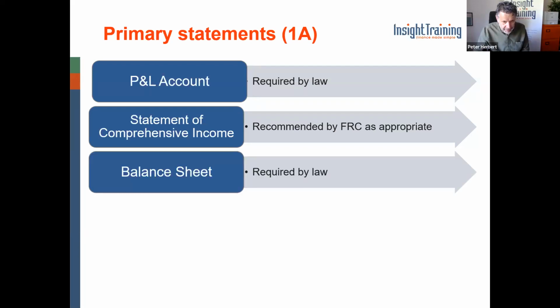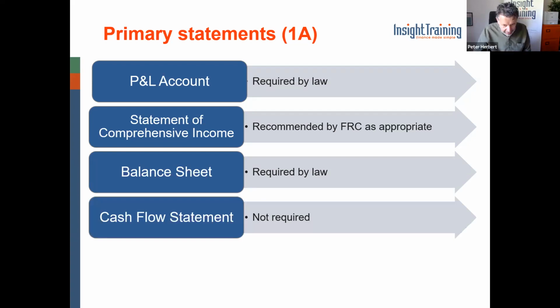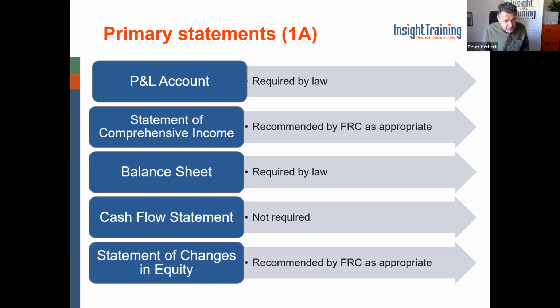Balance sheet is required, cash flow statement not required. Again, the rules here very much aligning with similar sized companies. And then in terms of statement of changes in equity, again, for small companies and small LLPs, this is recommended by the FRC, although not mandated.